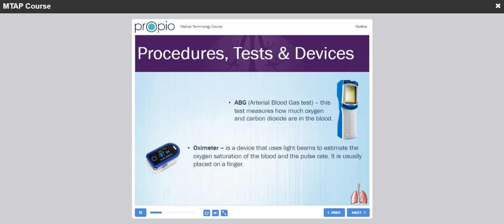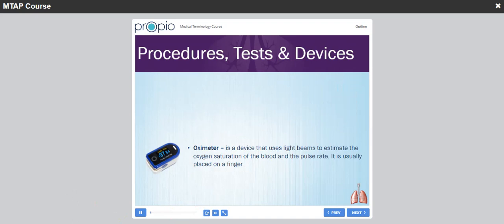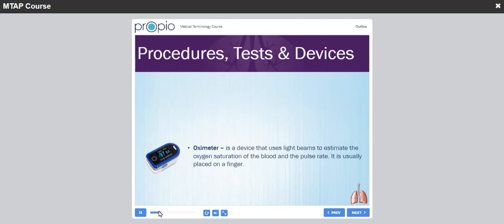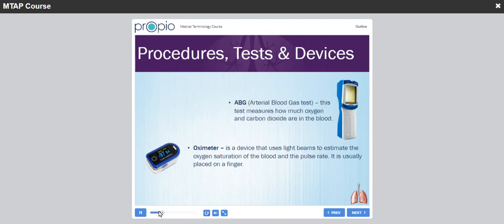Acid-fast bacillus test is a test that detects the presence of a bacteria called to find out how well a person can move air in and out of the lungs and how well oxygen enters their bloodstream. Acid-fast bacillus test is a test that detects the presence of a bacteria called acid-fast bacilli that causes tuberculosis bloodstream. Acid-fast bacillus test is a test that detects the presence of a bacteria called acid-fast bacilli that causes tuberculosis.